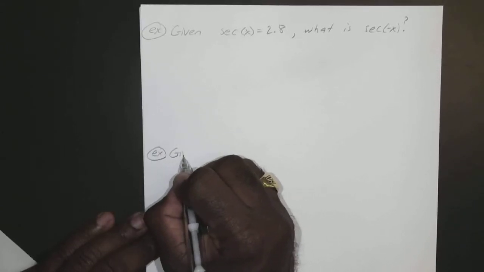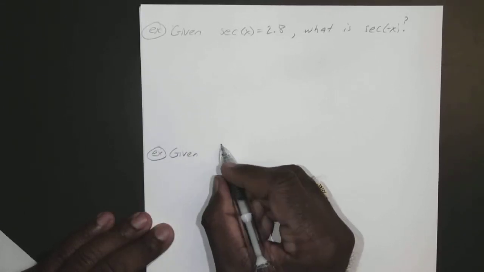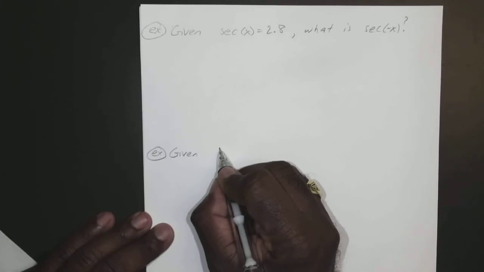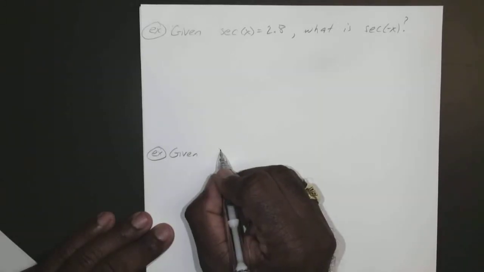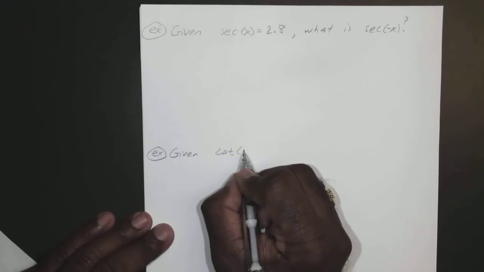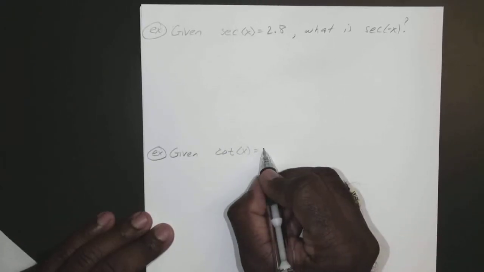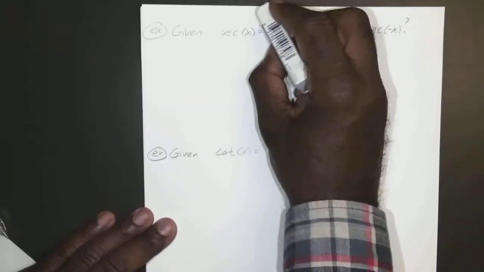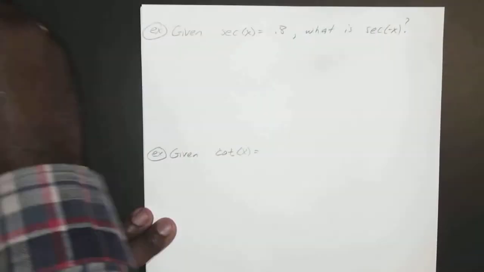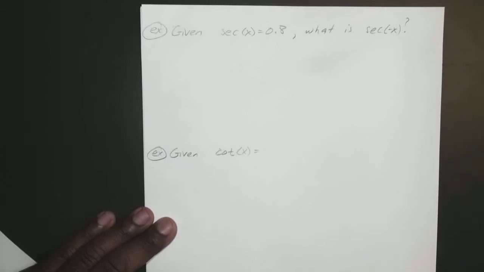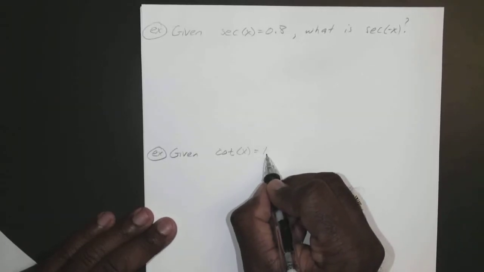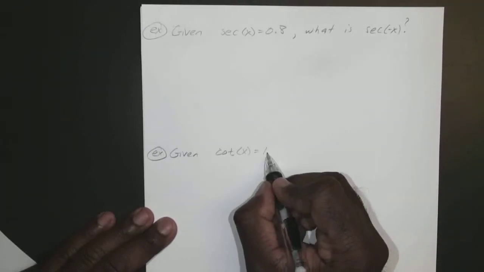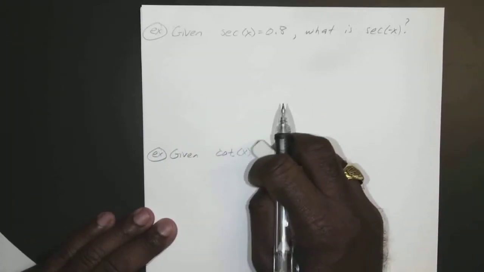Let's say if you're given, which one didn't I do yet? We did tangent, we did secant, and let's go with cotangent. Cotangent of x is equal to, no, actually it can't be 2.8. Make that 0.8. And we'll make this 0.1.